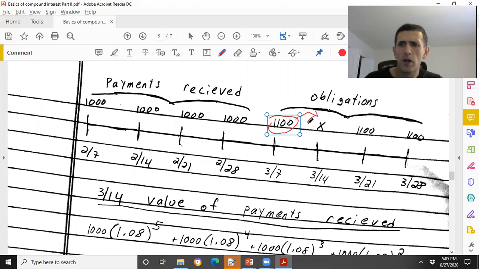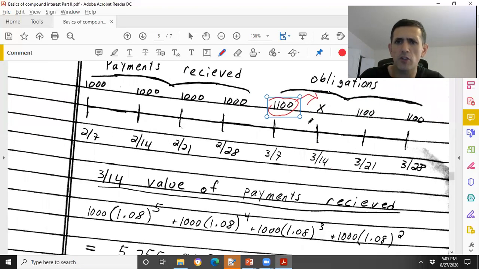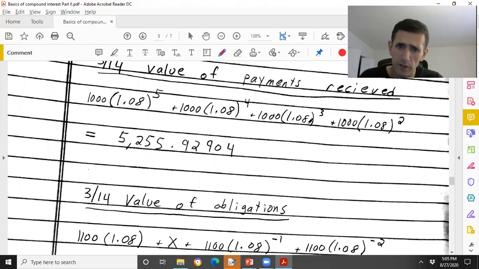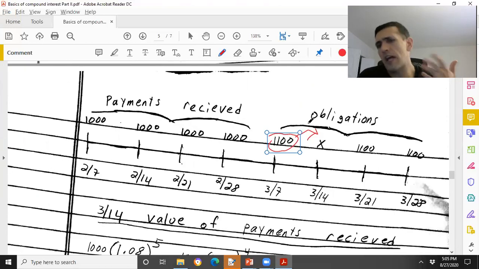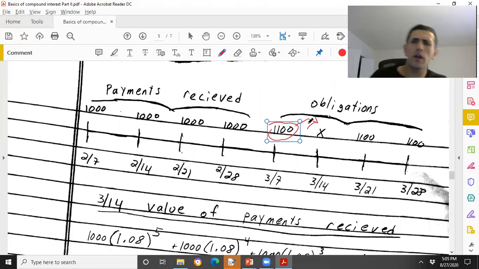Okay, so for the obligations, the 1100 accrues 1 month of interest. X, well, the value of X on March 14th is just X, because X is the obligation payment made on March 14th to the bookkeeper. Okay. On the other hand, we have to move this 1100 backwards in time.